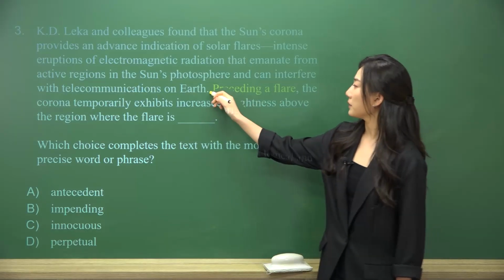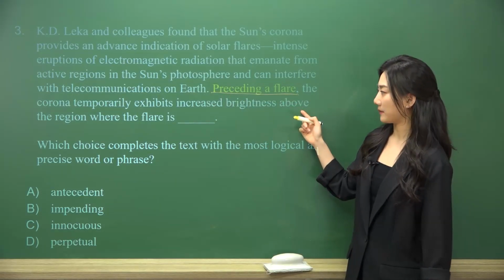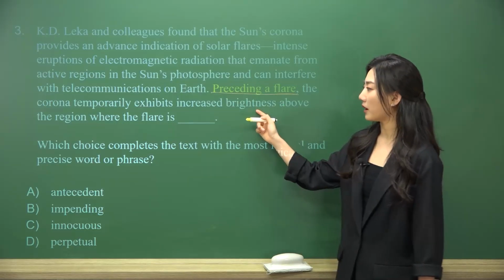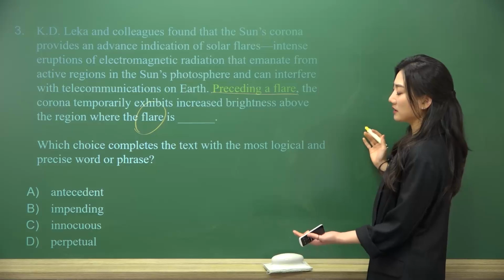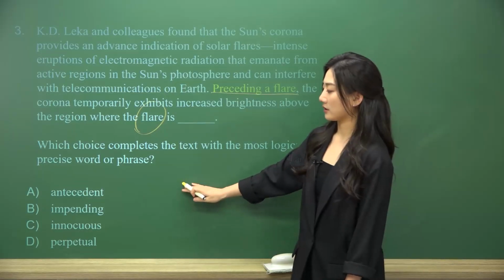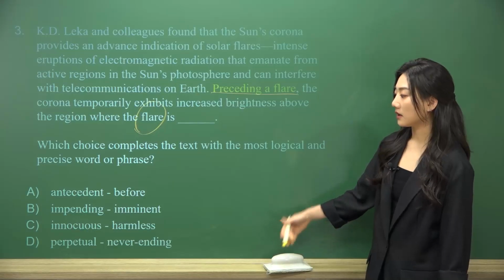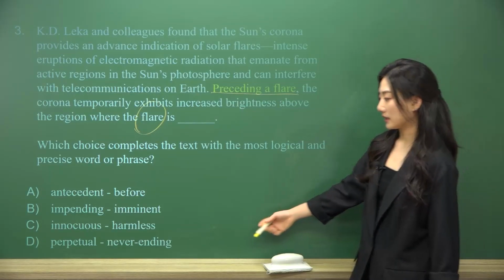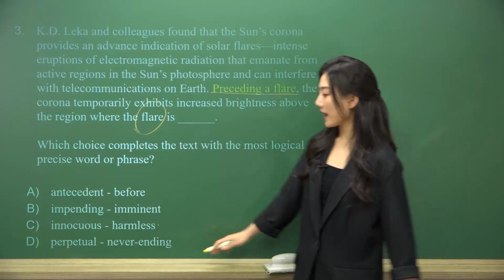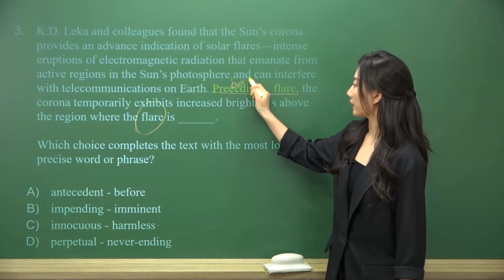Okay, so before a flare, the corona temporarily exhibits an increased brightness above the region where the flare. So how does that make sense? There is no hint that tells me which one the answer is. Antecedent means before, impending means imminent, about to happen, C, innocuous, D, perpetual, never ending, right? Harmless, never ending. Preceding a flare means before a flare.